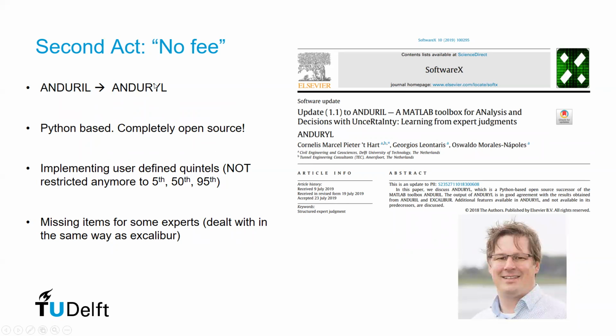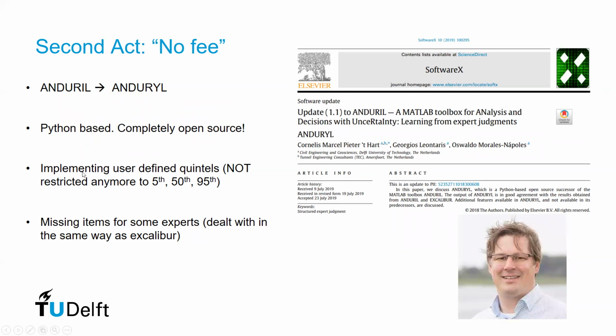From I to Y, because Python users always use Y somewhere in their name, so we used Anduril with Y. And maybe this is a bit confusing nowadays because we don't know when to use I or Y. We didn't foresee this beforehand, but we have to live with this confusion now.